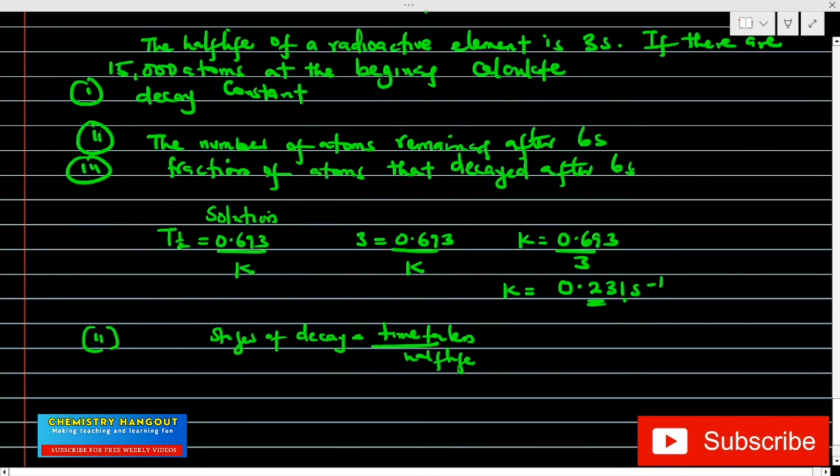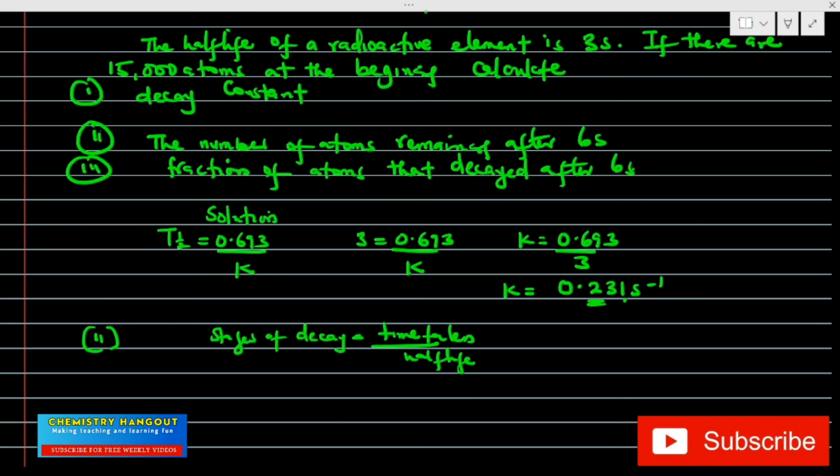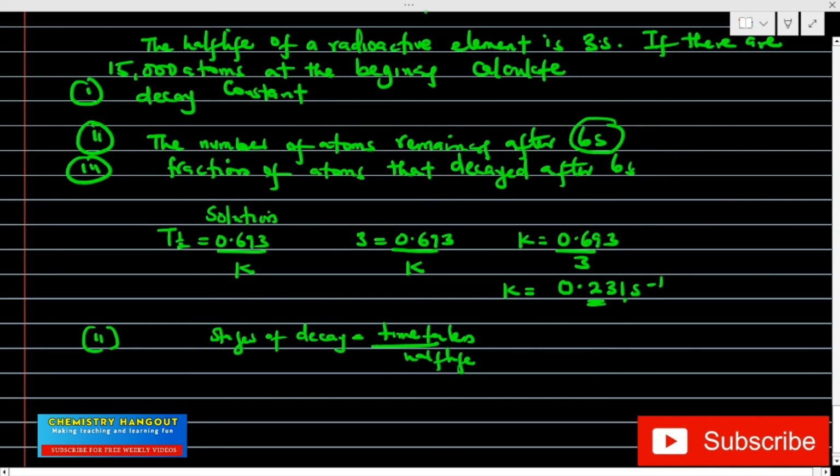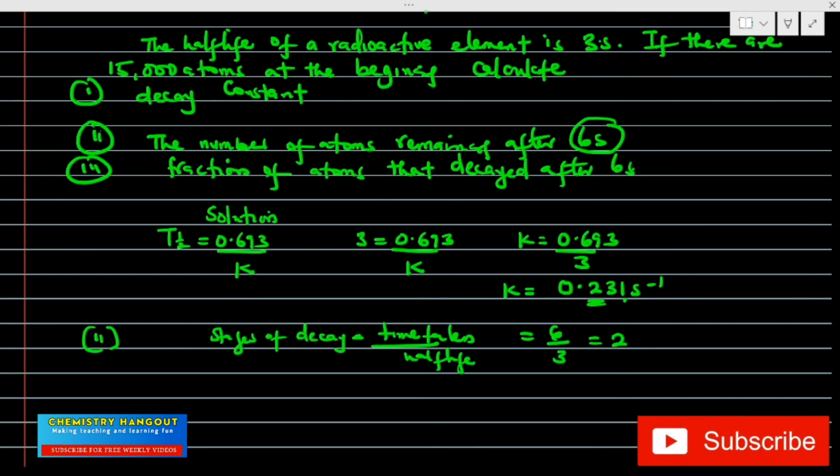Time taken over half-life. So what is our time taken in the question? Our time taken is 6, because they said the number of atoms remaining after 6 seconds, and our half-life is 3. So the stages of decay will be 6 over 3. That will be 2 decays.